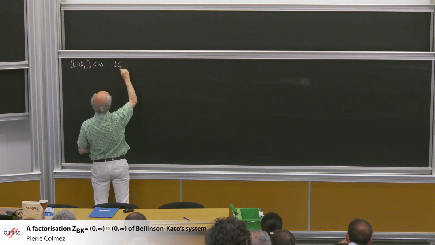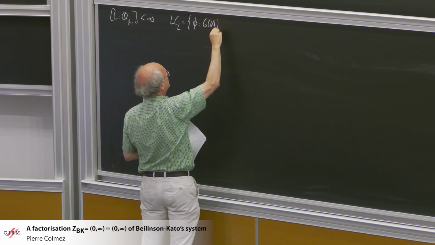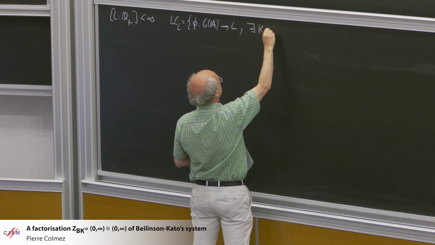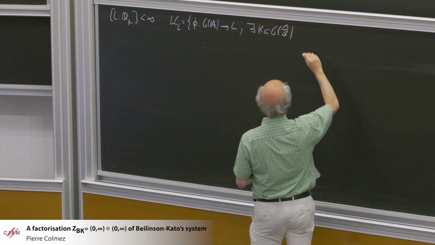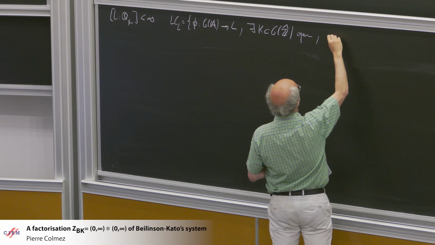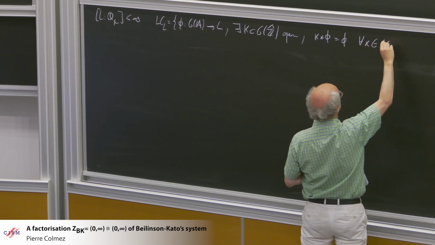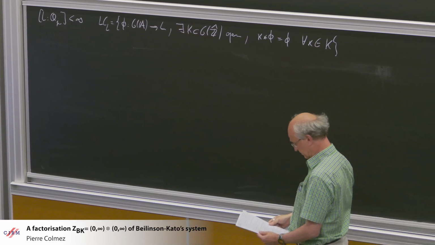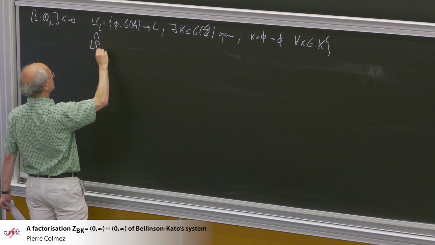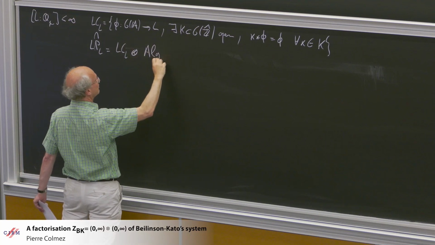And so I look at the locally constant functions, which are the phi from G of A to L, which are smooth for the action of G of A, which means that there exists K inside G of Z hat, which is open, such that kappa acting on phi is equal to phi for all kappa in K. So these are the smooth vectors for the action of G of A. And then this is inside the locally polynomial functions, which are just the locally constant functions tensor with the algebraic functions, so locally algebraic functions.